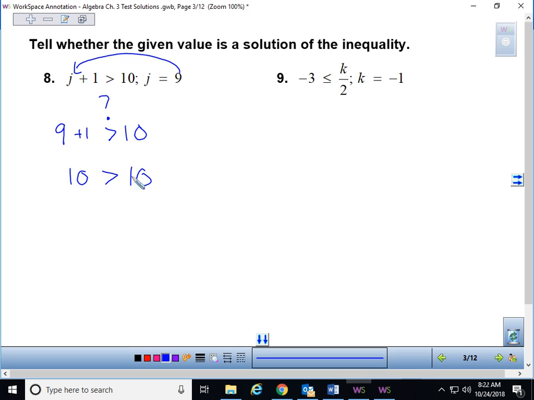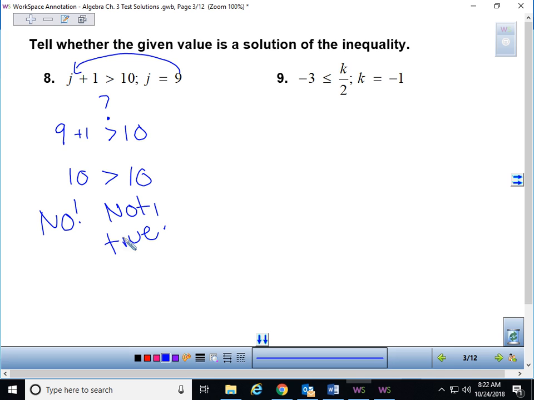Well, that's not true. 10 is not strictly greater than itself. This would be a true statement if this were greater than or equal to. But since 10 is not strictly more than itself, this is not a solution, or no. This is not true. However you want to do it, false, not a solution, no solution. There are a lot of ways you could say no.